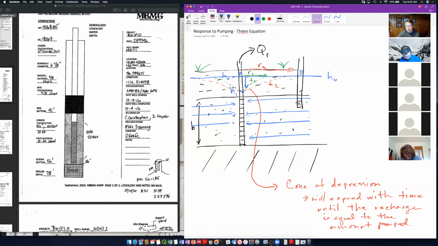And it will only move from this point here where there's a gradient in head. There's no gradient in head past this point right here. So my groundwater flow will only come from the point where the head gets less than the initial head. This is the radius from which I'm pulling water, from which water is moving. We call this the radius of influence.